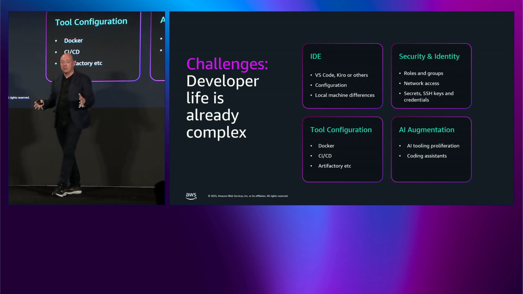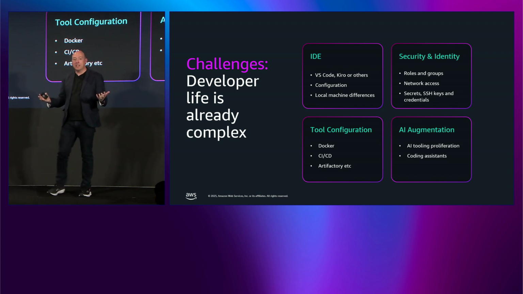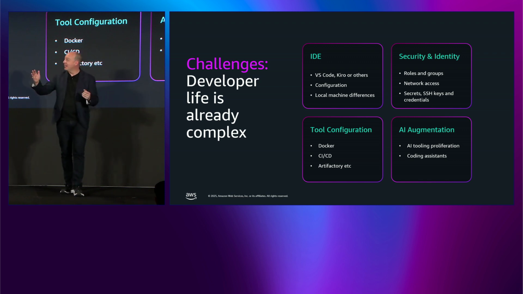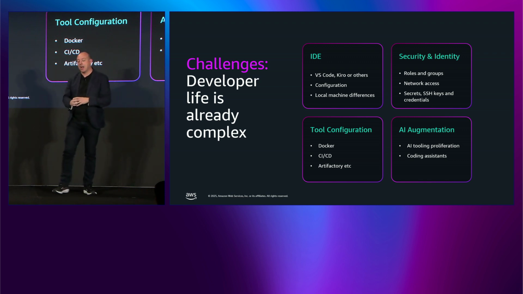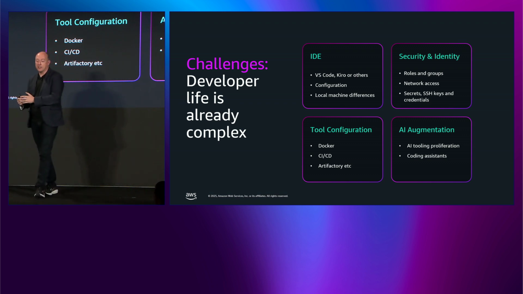They'll have to interact with Artifactory or some sort of CI/CD. And these are all things that the developer will have to configure. Now what we've added into the mix recently, and we've seen an explosion on, and we're all here at re:Invent, we've heard there's actually a talk right next door talking about the AI augmentation of the developer experience. How do we set those tools up in a secure way that may need to meet guardrails and things that your organization has? So there's some of the challenges we've got here.